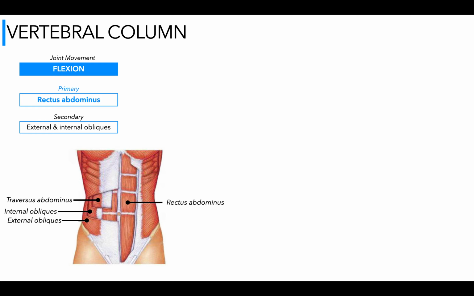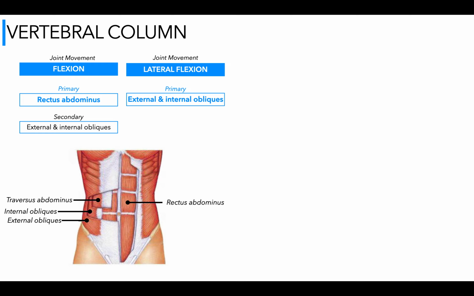Now, before we go to extension, the opposite movement, I'm going to show you what the internal and external obliques are primary muscles for. One is lateral flexion, okay? If you remember, that's bending to the side. The external and internal obliques are primarily responsible for that.